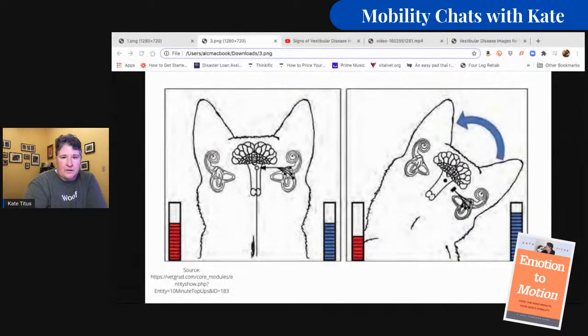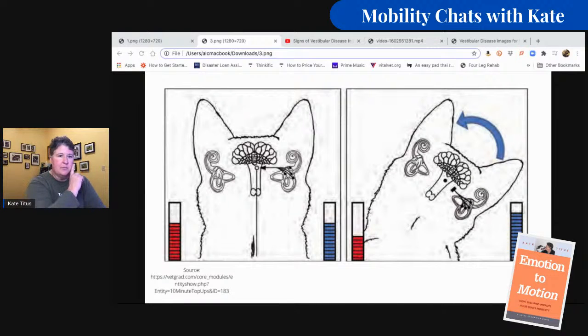So the input difference also applies here as well. So we talked about this piece. Okay. So the same thing, as the head moves left, the inner ear on the left is stimulated and the impulse frequency increases as compared to the right.